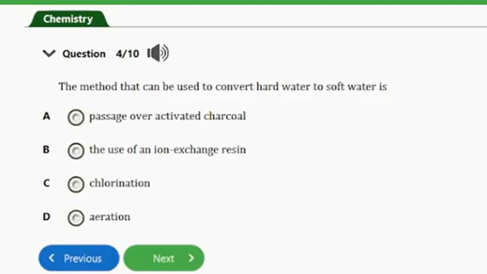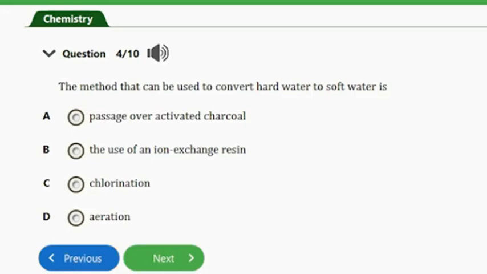So let's consider the next question, question number 4 here. It says, the method that can be used to convert hard water to soft water is A. Passage over activated charcoal, B. The use of an ion exchange resin, C. Chlorination, D. Aeration.